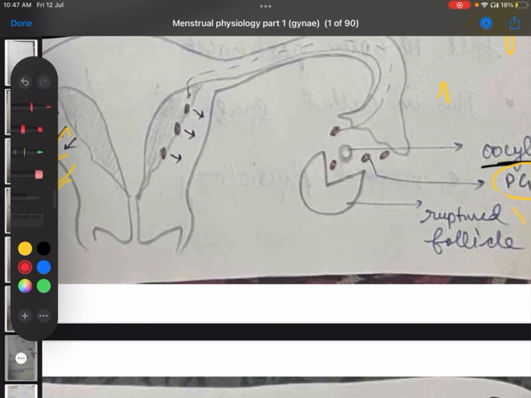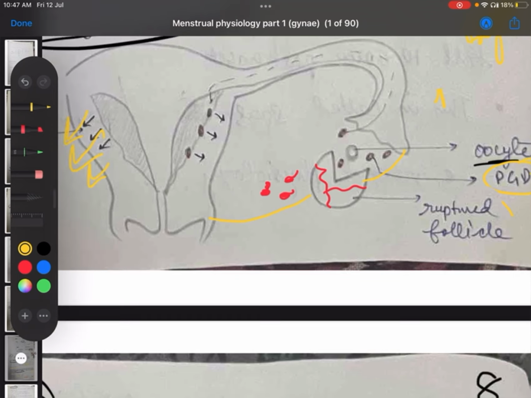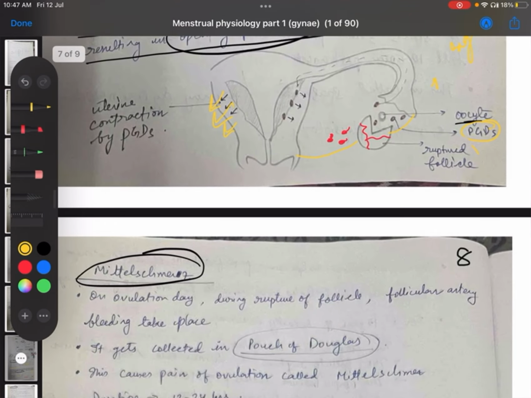As a result, some blood will be leaking out. Where will this blood get collected? This blood will be collected in the pouch of Douglas. Anatomy you have studied, which is the pouch of Douglas.